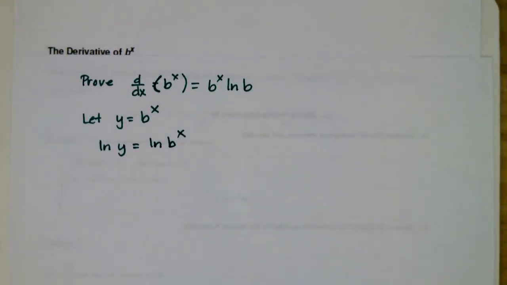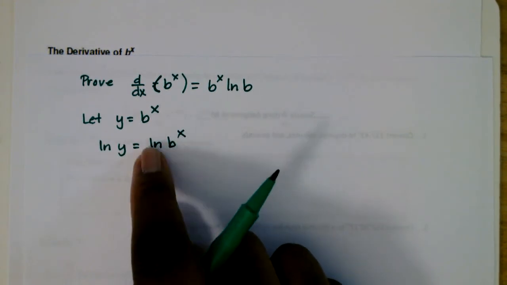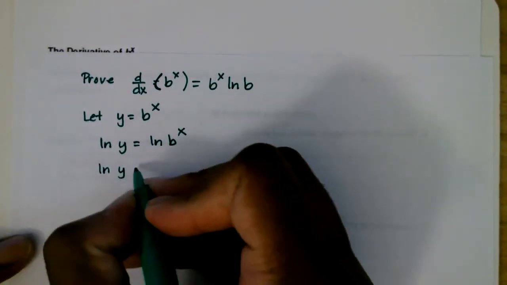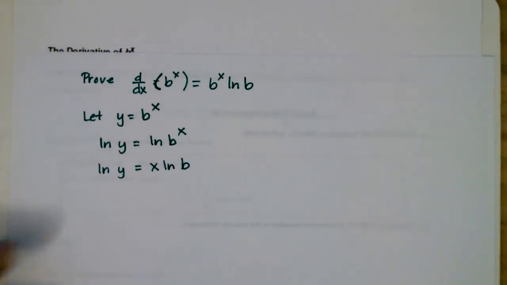It is an exponential equation, by the way. So to solve an exponential equation, you have to take the natural log on both sides. And also on the right side, I'm going to use the power rule for exponents. I'm going to bring the x in front of the natural log of b. So I'm going to have ln of y equaling x times the natural log of b.